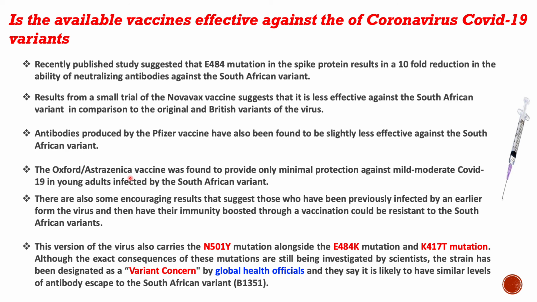A recently published study showed as well that the Oxford AstraZeneca vaccine provides minimal protection against mild to moderate COVID-19 in young adults infected with the South African variant. So the Oxford AstraZeneca vaccine is also less effective against the South African variant in comparison to the British or the UK variant.